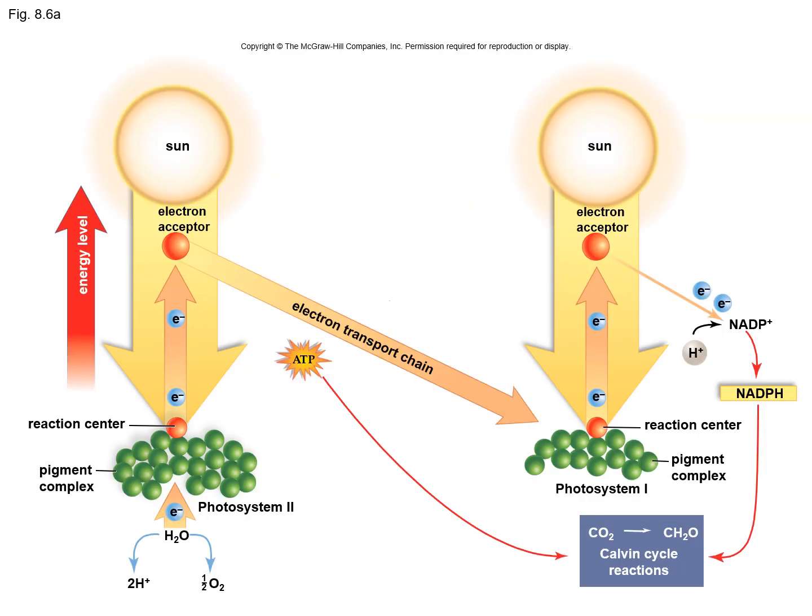In the light reaction, there are actually two steps, and unfortunately, they're named out of order because of the way that they were discovered. The first step will be photosystem 2, and the second step will be photosystem 1.